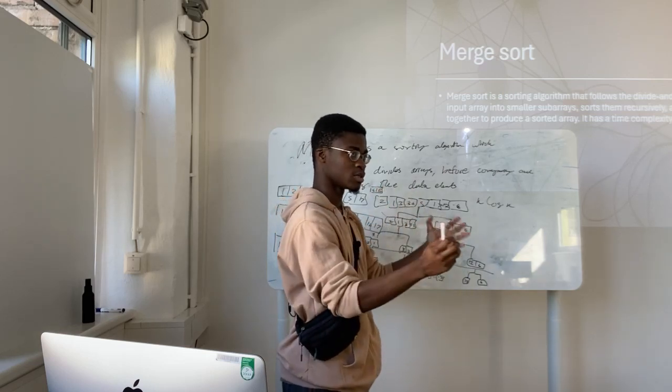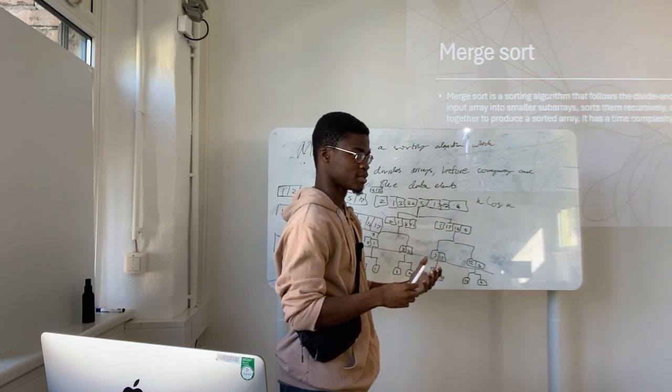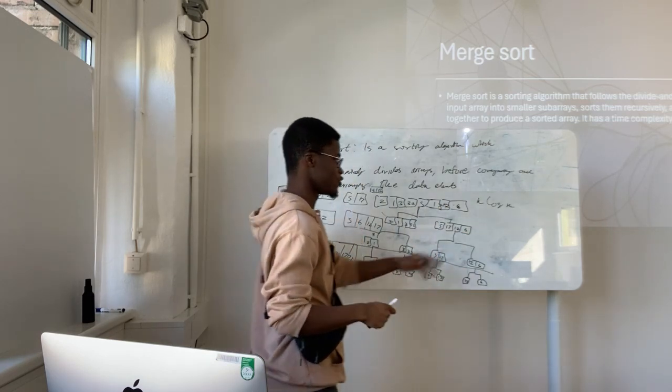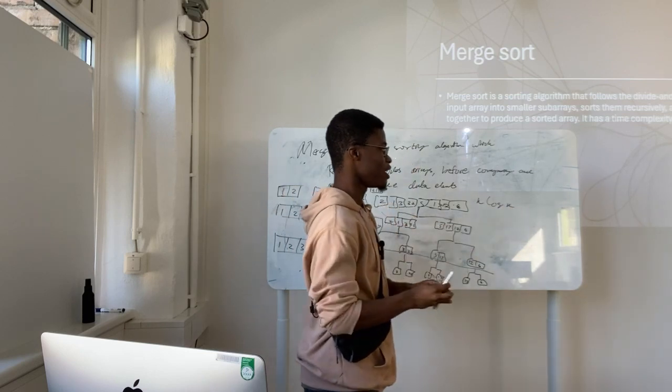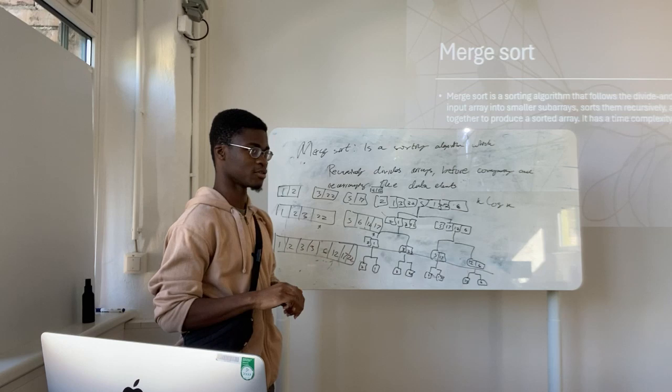So ultimately, we're sorting all the elements, so we're going to visit each of the elements at least once. Okay? So this is your first linearithmic algorithm, merge sort. And it's one of the more efficient algorithms for sorting.